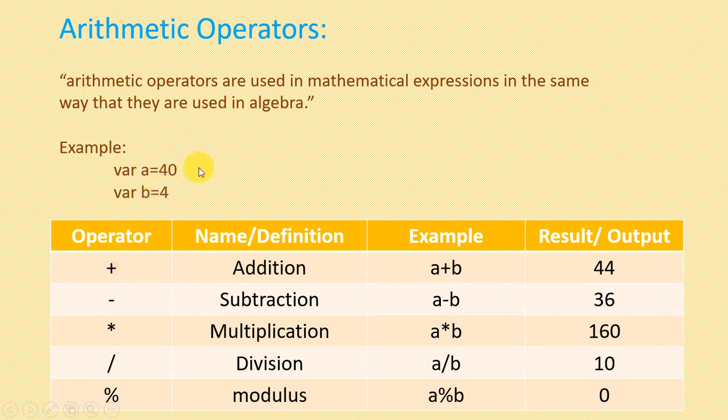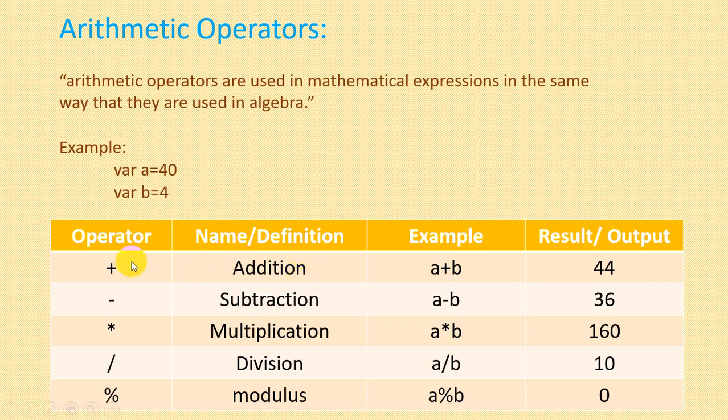In the same way, if you write your JavaScript syntax and add these two numbers using this symbol, the output will be the same. The function works as in algebra, geometry, or any mathematics, and JavaScript works the same way.